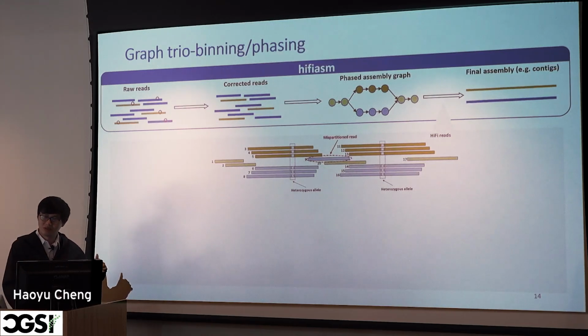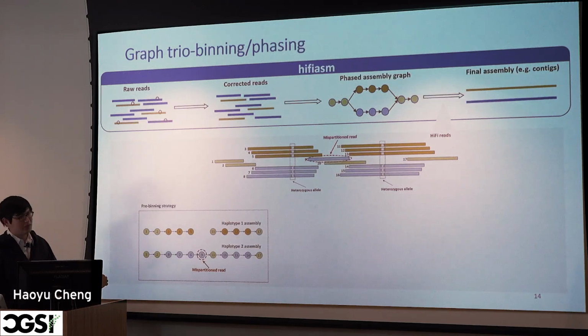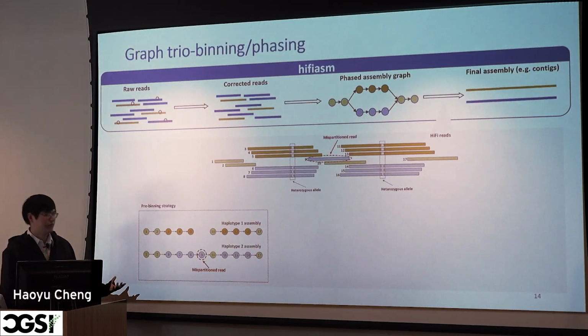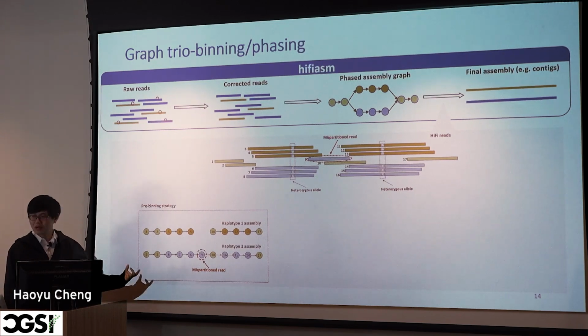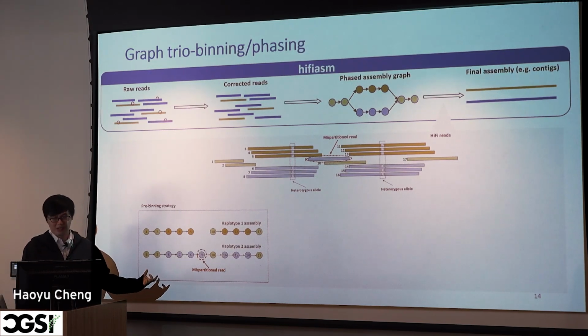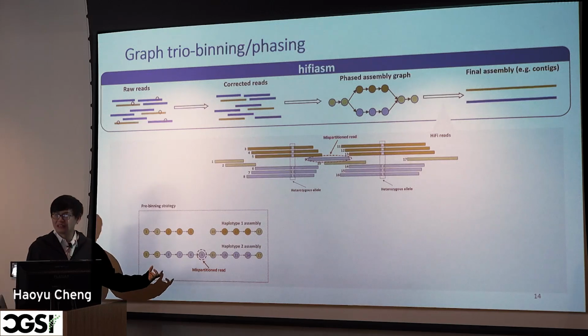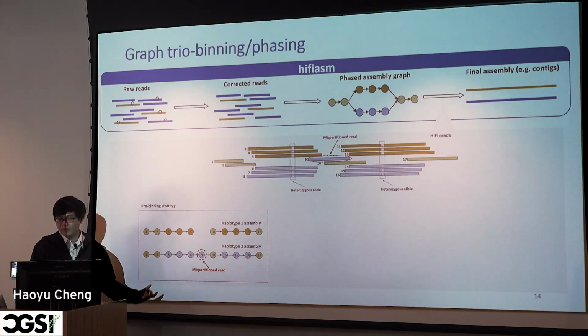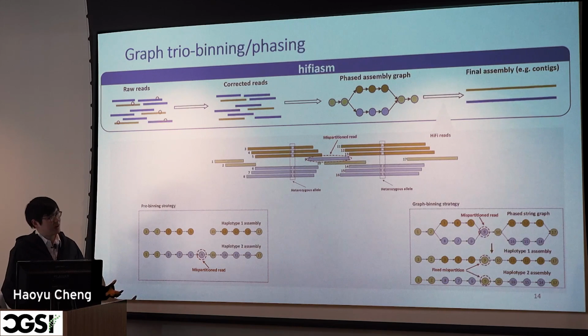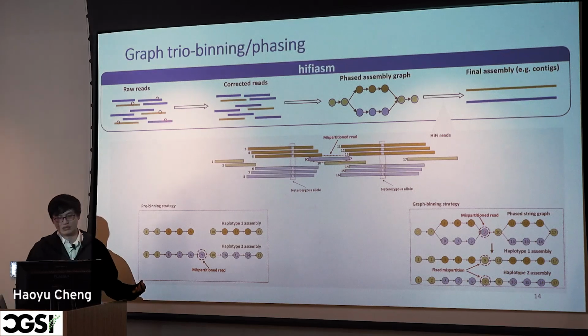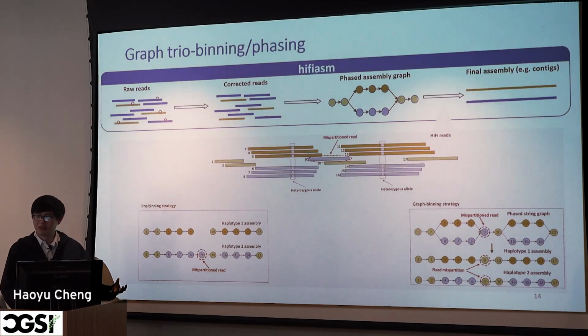It is a homozygous node, but for some reason, maybe due to some phasing error, it's partitioned into only haplotype 2. So if we are still using the pre-binning strategy that we talked about before, haplotype 1 cannot see node 9. So finally, we get an assembly gap here in haplotype 1. But if we are using the graph binning result here, we first get a graph, and by looking at the graph topological information, we know that node 9 should be automatically corrected.